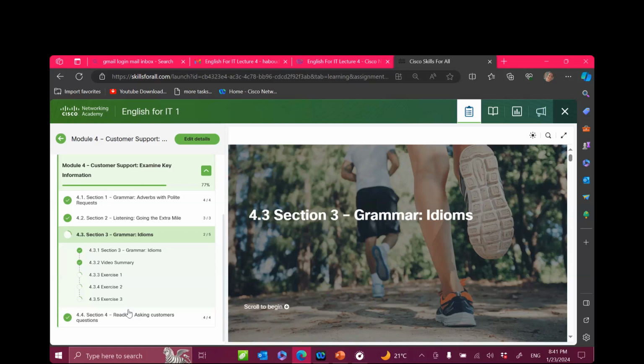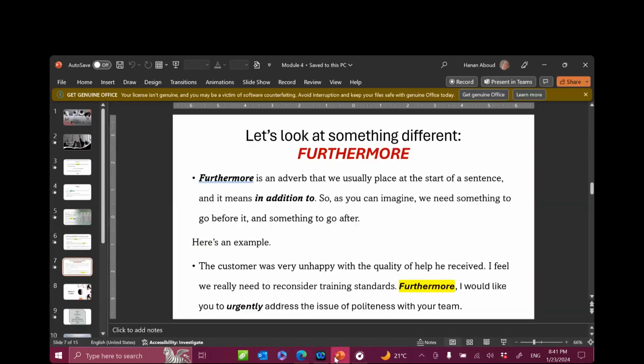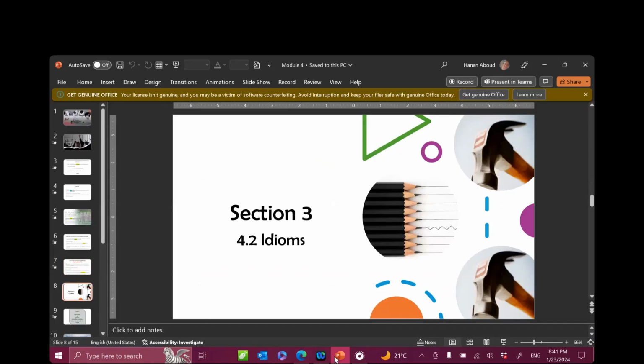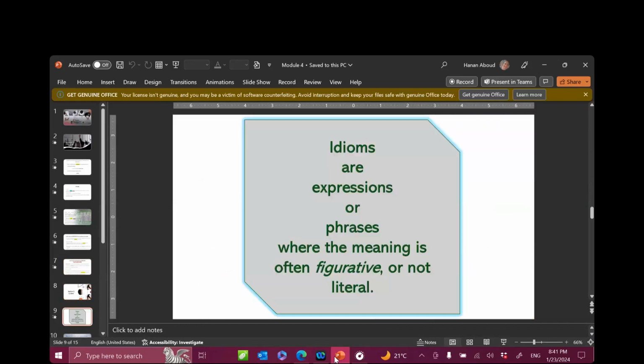Before we go into the exercise, let me show you the idioms that we have. Okay, idioms. What are idioms?